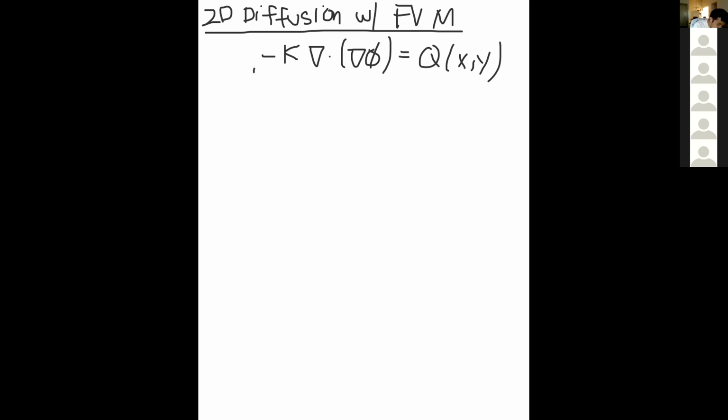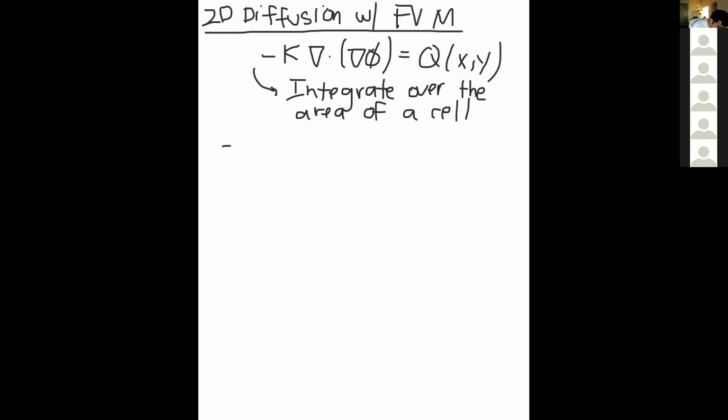Just like we did in 1D, let's take this equation and integrate it, not over the length of a cell, but over the area of a cell.